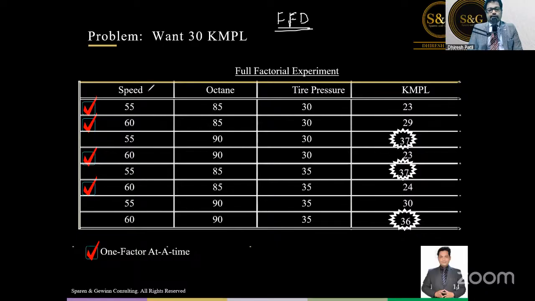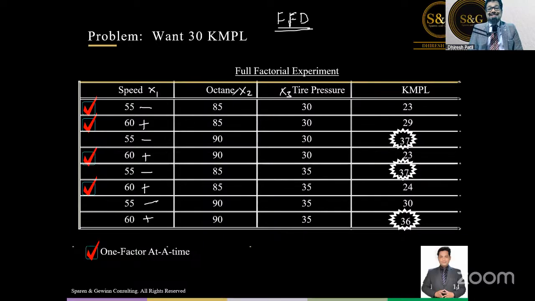So this is our x1, this is our x2, and this is our x3. Now try to understand how you can design a full factorial design very easily manually as well. The first factor you have to change in every alternate run. For example, if this is minus, this has to be plus. Then minus, plus, minus, plus.